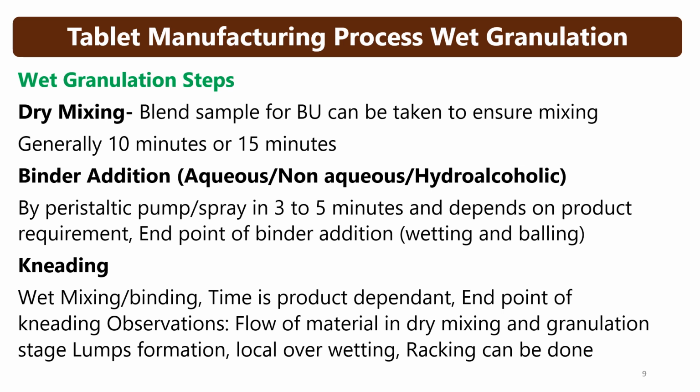That time racking can be done to improve the mixing. Then observe the lump formation, the local overwetting, and the binder distribution. These are some of the critical things required to be observed.